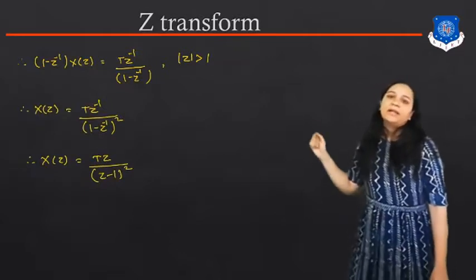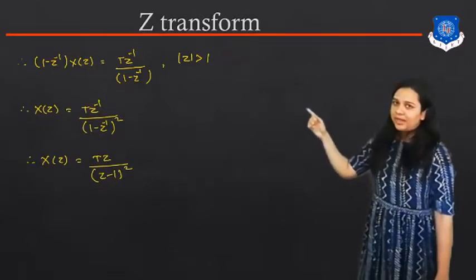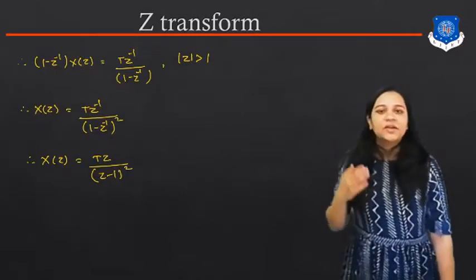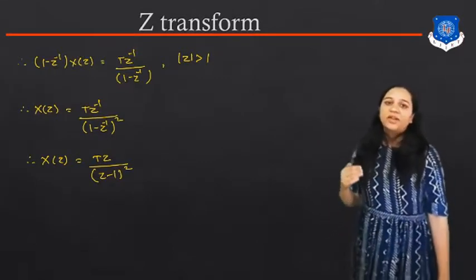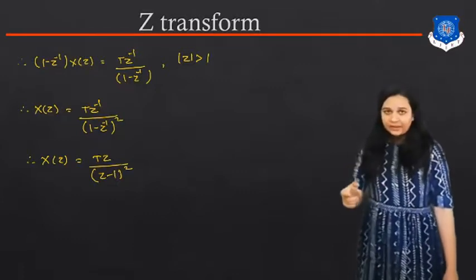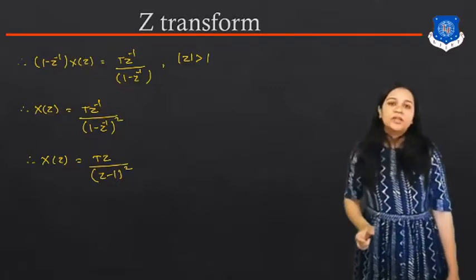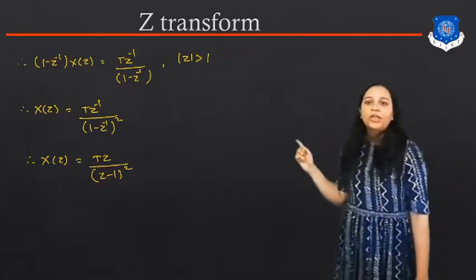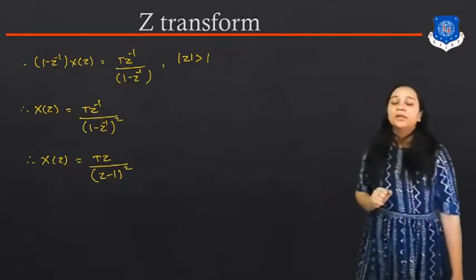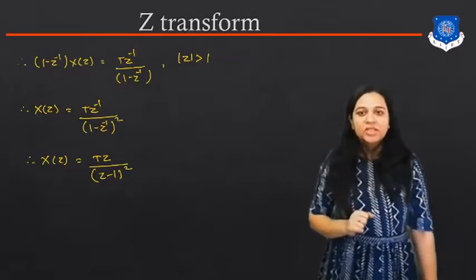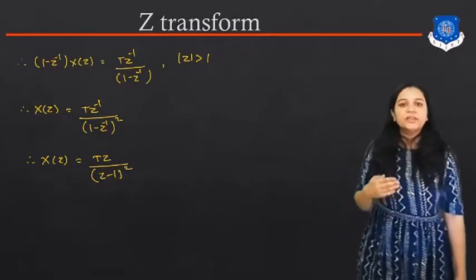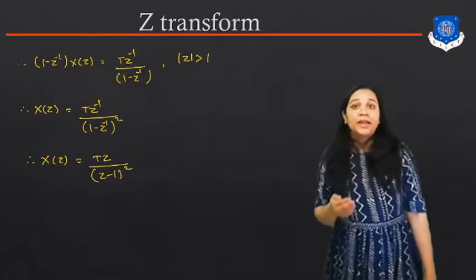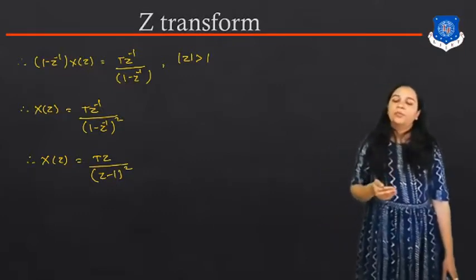So x of z equals t z raised to minus 1 upon 1 minus z raised to minus 1 whole squared. Simplifying this equation, we get the final Z transform of the unit ramp: x of z equals t into z upon z minus 1 whole squared. As you compare with the step input, you can easily identify that the ramp function always depends upon the time.